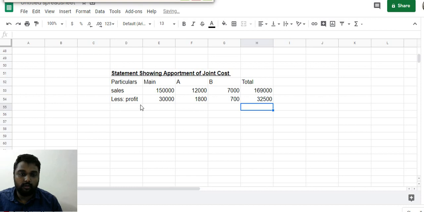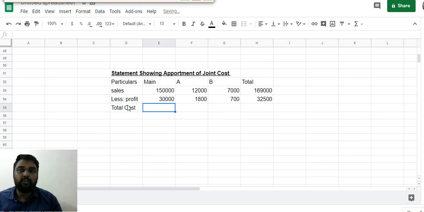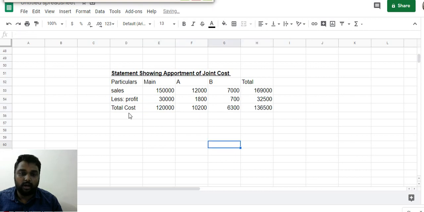Now we can get our total cost. What will be the total cost? Total cost will be total sales minus profit. We can take the total. So we got our total cost also.